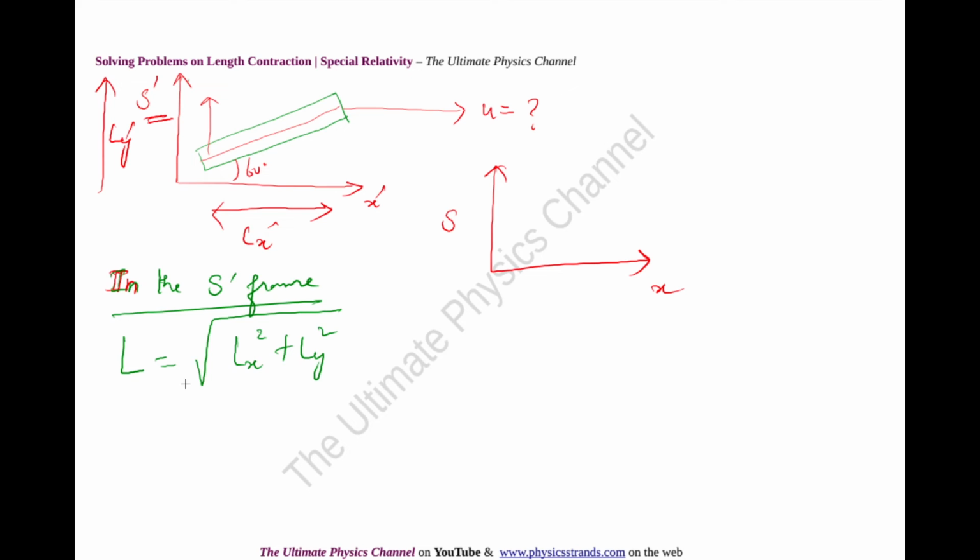I'm using Pythagoras theorem here. So the L is equal to square root of Lx squared plus Ly squared. Of course, prime notation has to be used because this is prime basically.